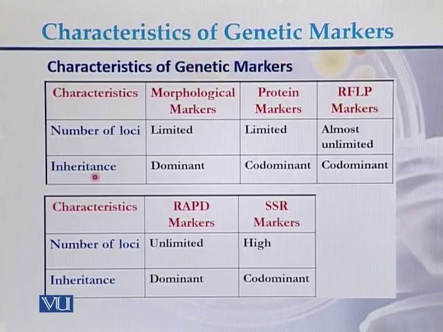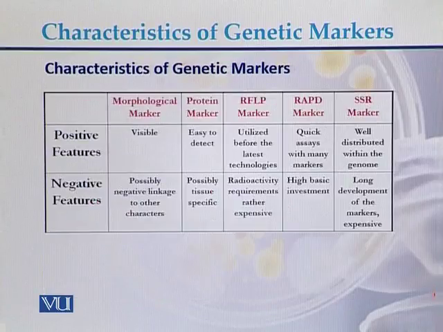While in case of inheritance, morphological markers are dominant, protein markers are codominant, RFLP also codominant. Inheritance in RAPD markers is usually dominant, while SSR markers are codominant. So these are some of the general characteristics of the genetic markers.